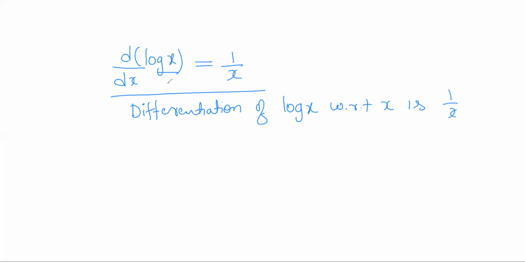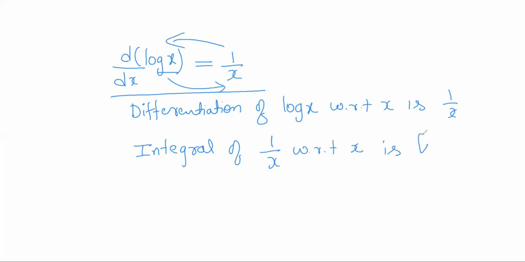Now go back. The integral of 1 by x with respect to x is log x. We symbolize it as the integral of 1 by x with respect to x is log x. This is because when you differentiate log x, you will get 1 by x.